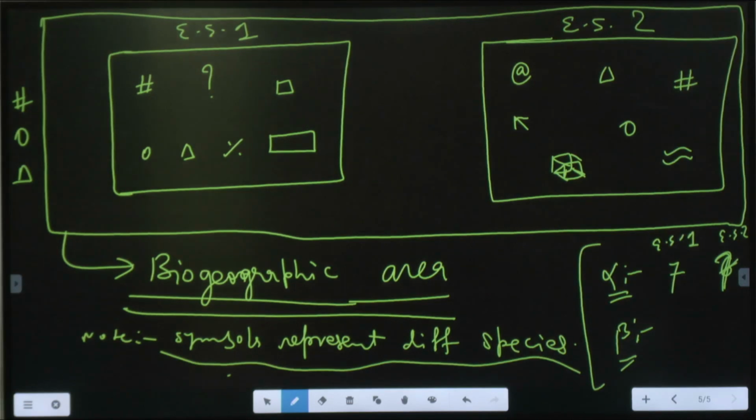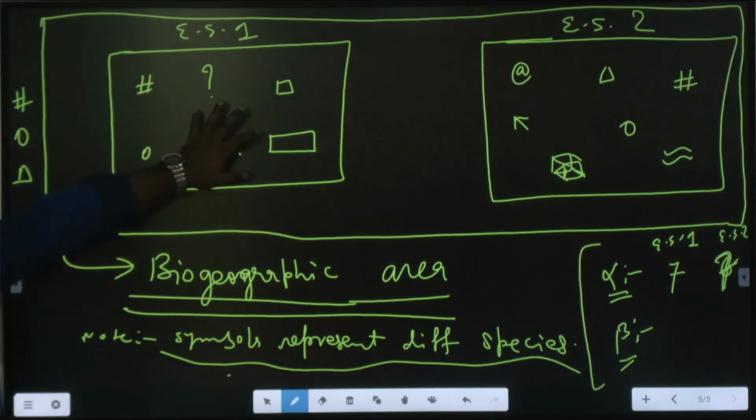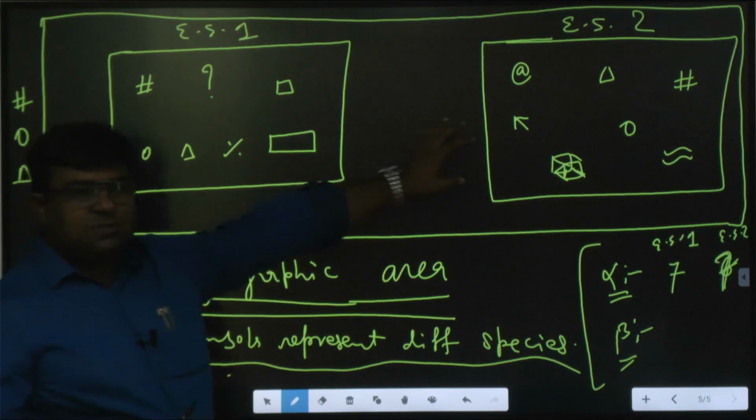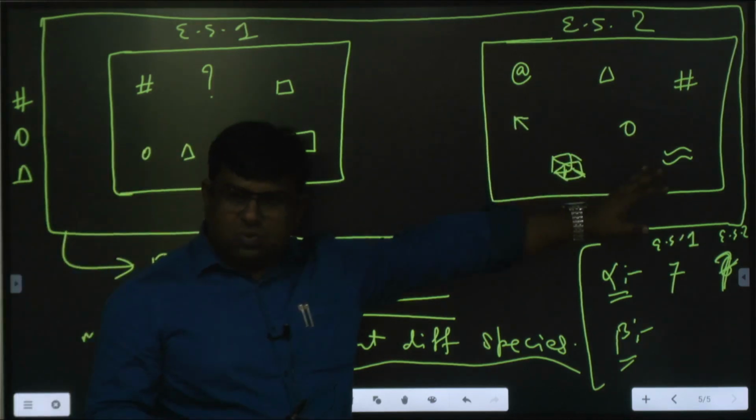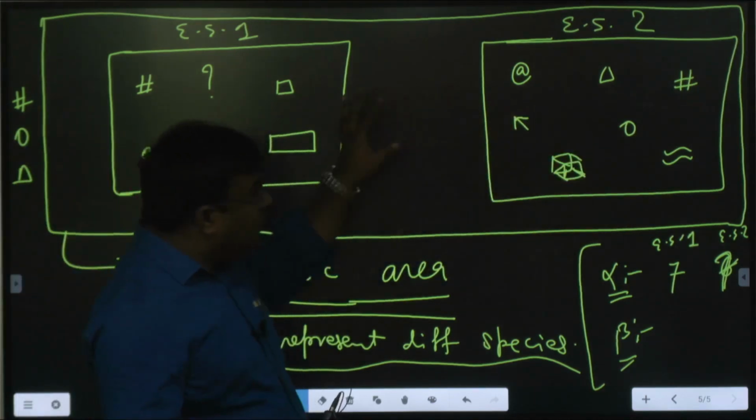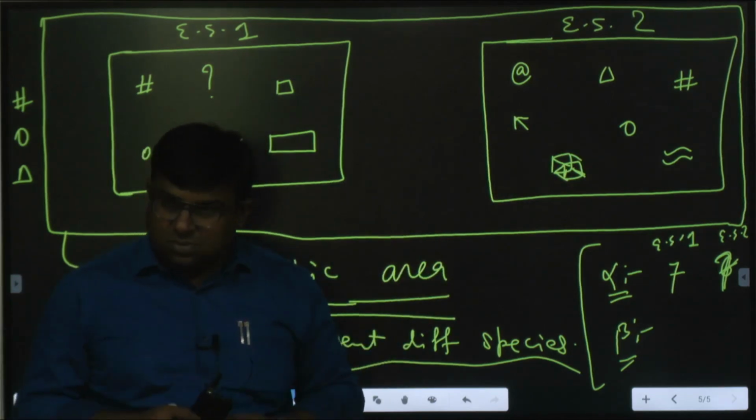So we should exclude them from our counting, because beta diversity is saying a species must be uniquely present in its ecosystem. So in the name of beta diversity, we should count 4 species of ecosystem 1 and the rest 4 species of ecosystem 2. They are uniquely present in their own ecosystem.